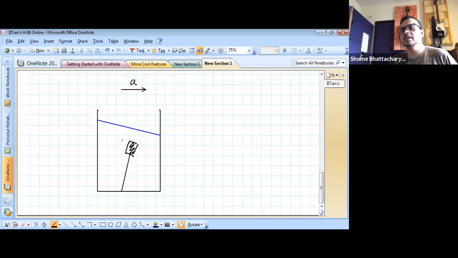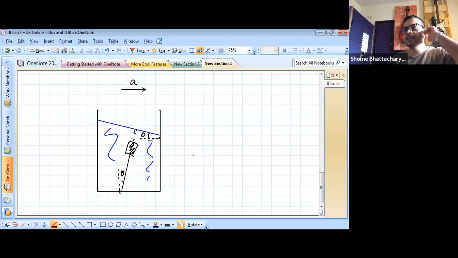In terms of free body diagram, what will happen is that this angle will be exactly equal to this angle, so that this is mutually perpendicular.